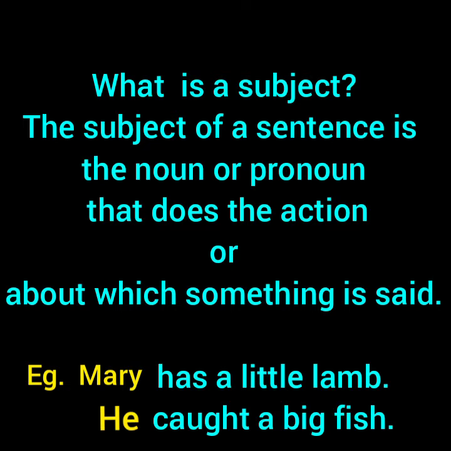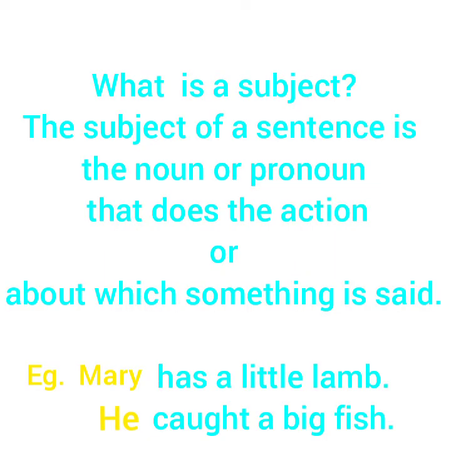And the second example is he caught a big fish. In this sentence, the doer of the action is the pronoun he. And we are talking about the pronoun he. So Mary and he are the subjects of the two sentences.